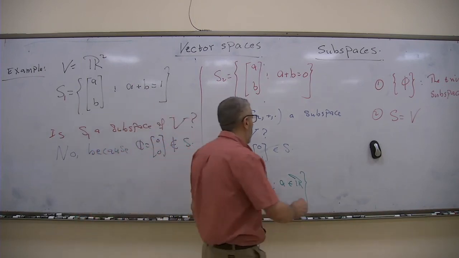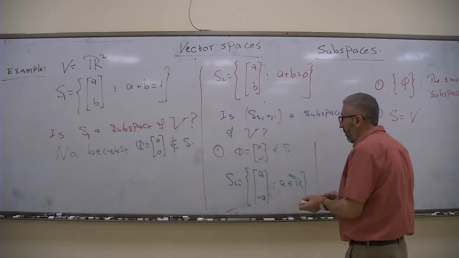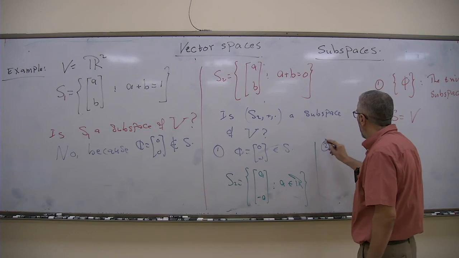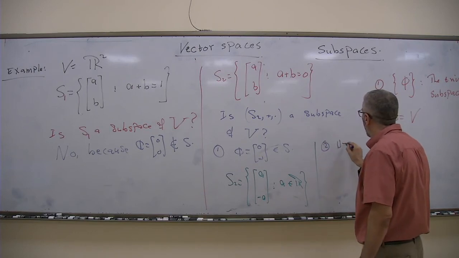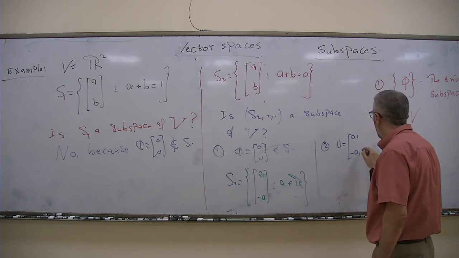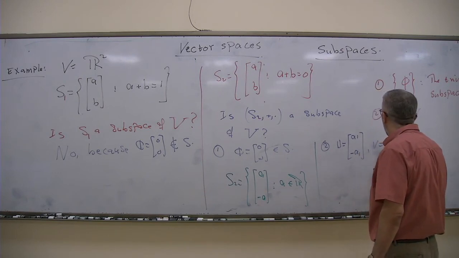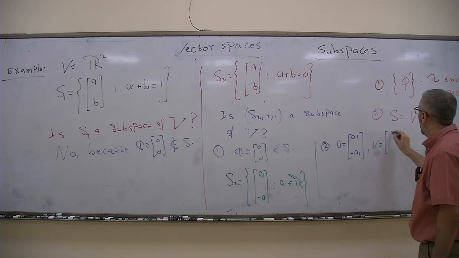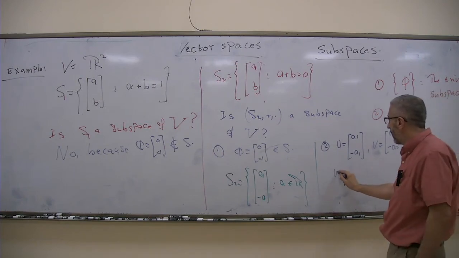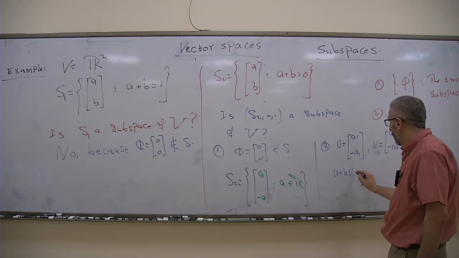So here, number 2, if you take u to be (a1, negative a1) and you take v to be (a2, negative a2), and now you take u plus kv, what is that?